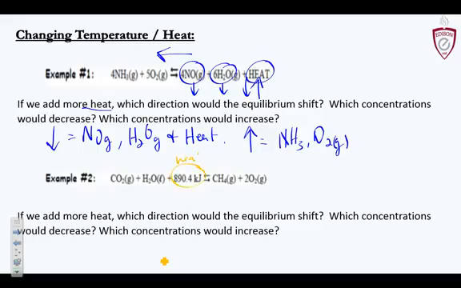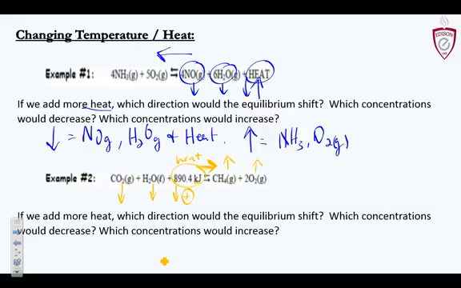There's the heat. Identify the heat. Notice this time it doesn't say heat. It's written in kilojoules. So we're going to add some more heat. All right, so if I add heat, I move away from what I add. So it shifts to the right. So now everything on the right goes up, and everything on the left goes down. Concentrations that would decrease, well, these ones would drop, and these ones would go up.